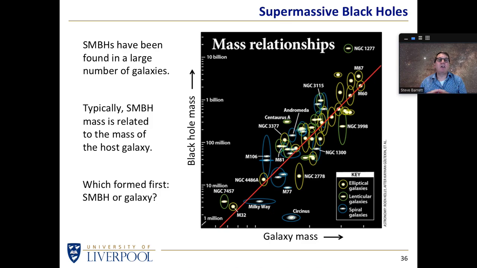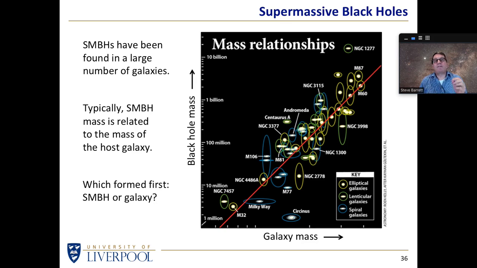In the very early universe, did supermassive black holes start to form and then galaxies collect around them? Or did galaxies form and then supermassive black holes start to form at the core? Did they evolve side by side, or did one start and then the other join it?